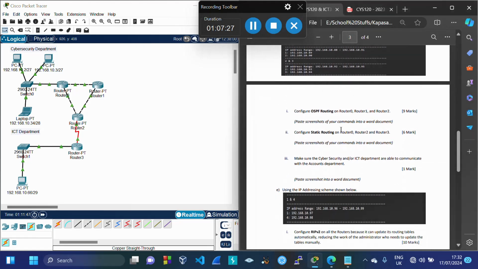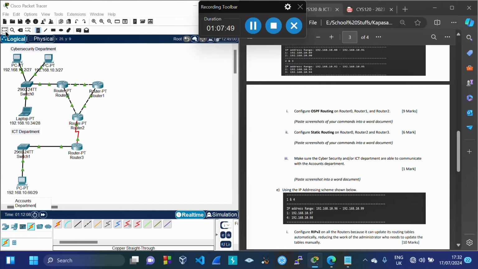Before we even go to static, we need to remember one thing. Here we have OSPF, but here we don't have any protocol. Since this is accounts, let me show the accounts department.